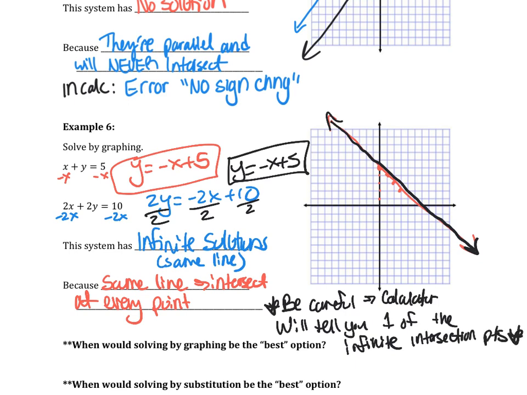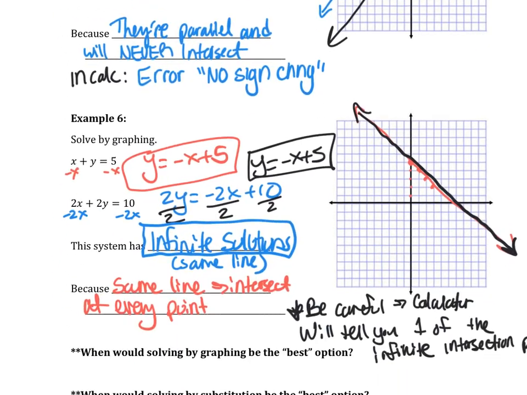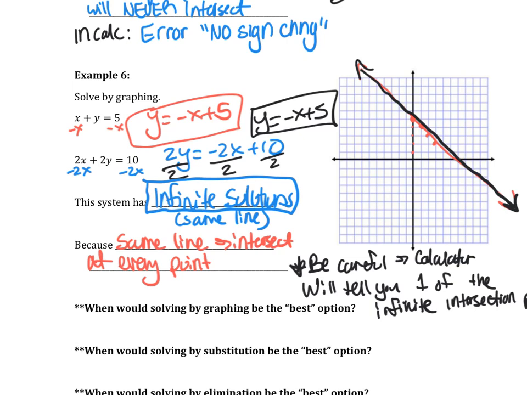So even though the calculator tells you, oh, here, this one's an intersection point, you have to know that your answer is actually infinite solutions, because it really intersects at every single point to infinity. So even though your calculator won't clarify that, you have to know. So the only time an error will pop up is if it's no solution. Infinite solutions you just have to be aware of, so be careful. If you ever have the same exact line, that's infinite solutions.